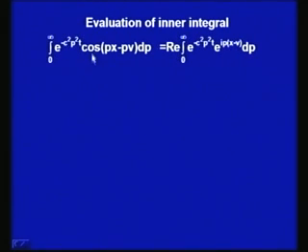Looking at the cosine of theta, we know that e to the power i theta can be written as cosine theta plus i sin theta, that Euler's formula we know very well. So, cosine theta is nothing but the real part of e to the power i theta. We do know from complex integration that the integral of the real part of a function is the same as the real part of the integral.